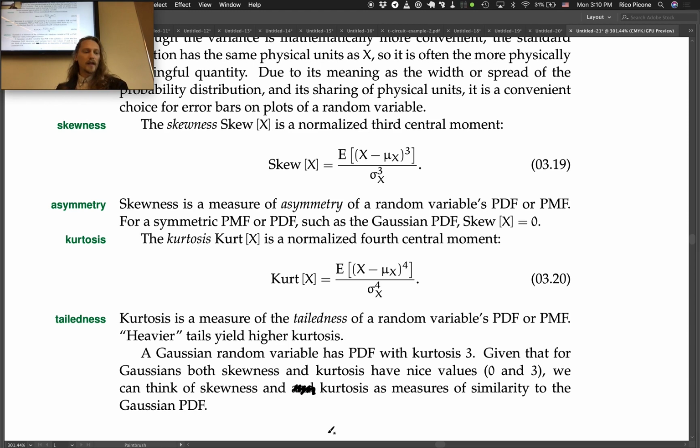especially when you're looking at a measurement, and many noise processes are fairly well modeled as being Gaussian noise.